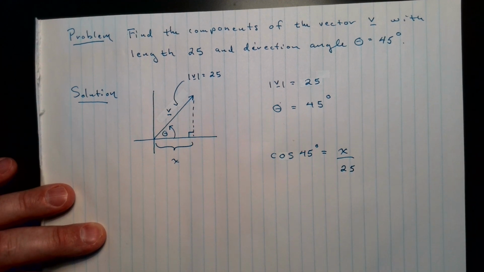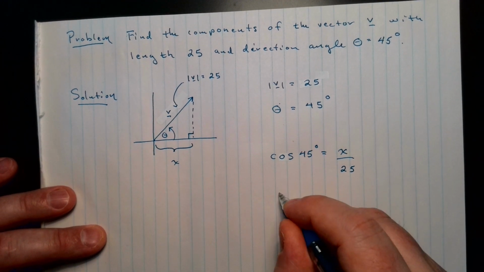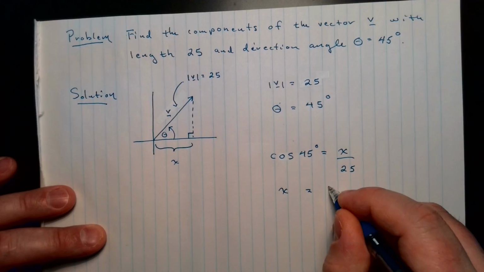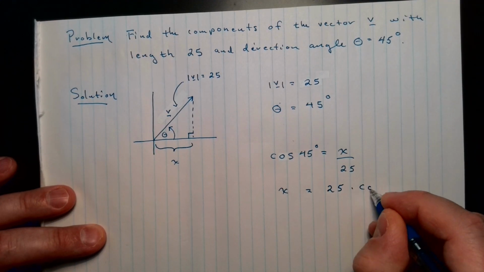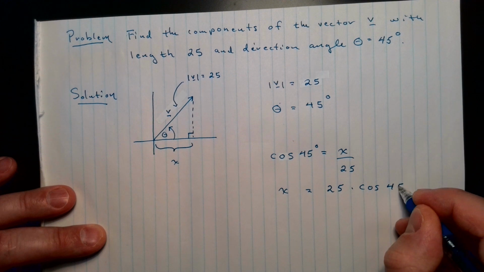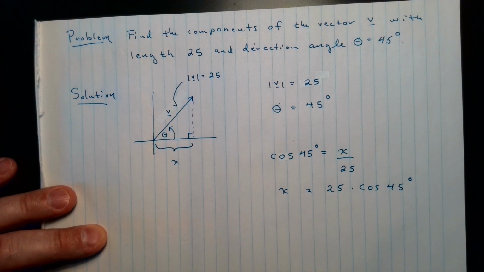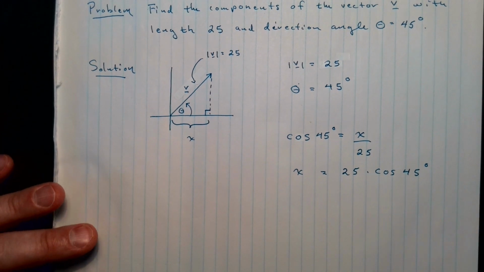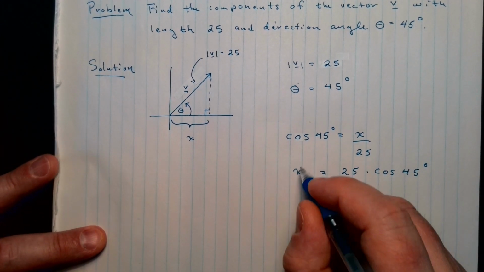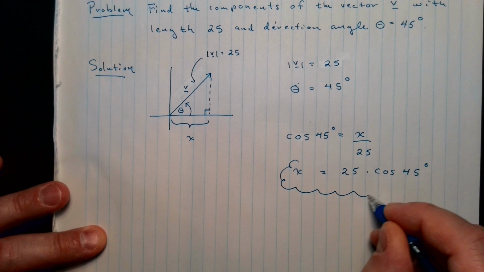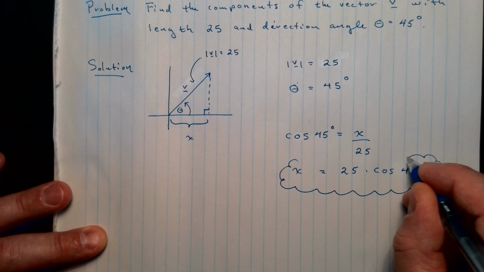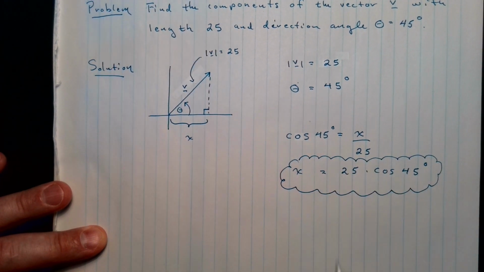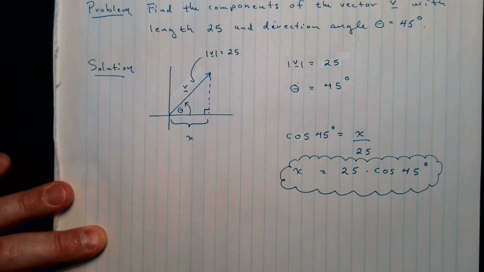So my x component is just 25 times the cosine of 45 degrees. Similarly, if I want to figure out what the y component is, I'm going to set up another ratio. So let's just put a nice happy cloud around what our x component is.